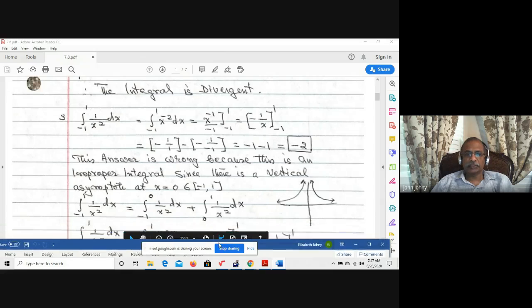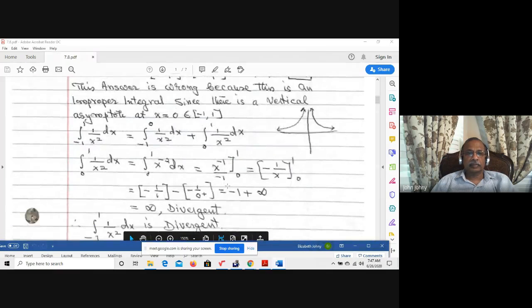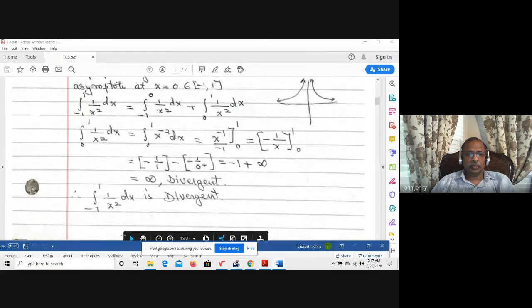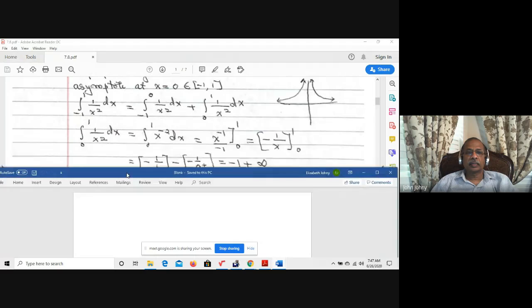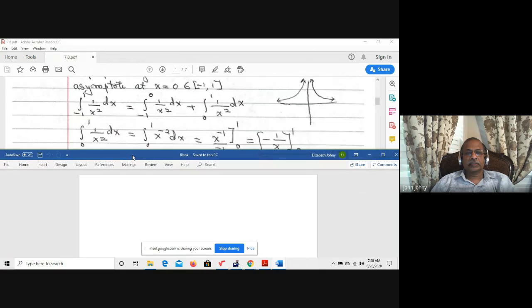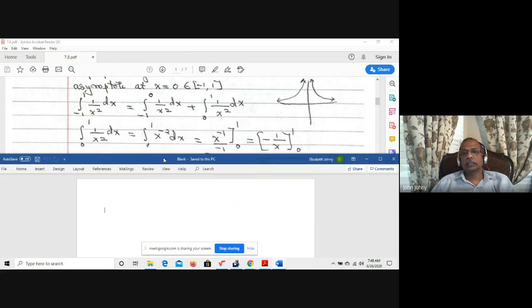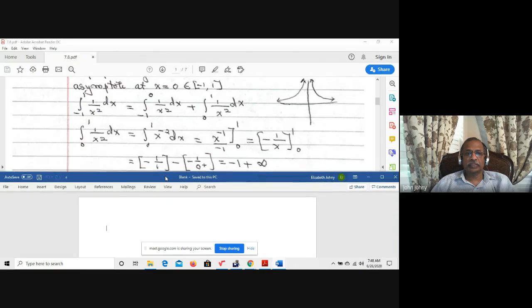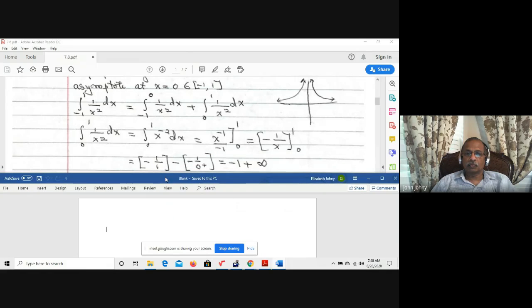Let us evaluate one of them. The second one, the integral from 0 to 1 of 1 over x squared dx is the integral from 0 to 1 of x to the negative 2 dx, that is x to the negative 1 over negative 1, that is equal to negative 1 over x from 0 to 1, that is negative 1 over 1 minus negative 1 over 0.